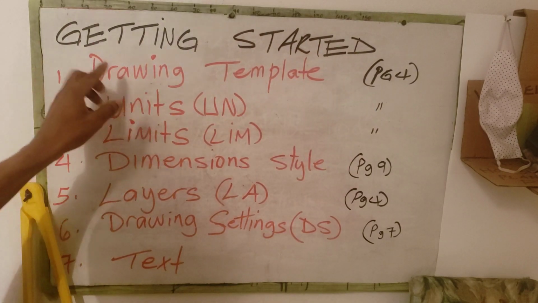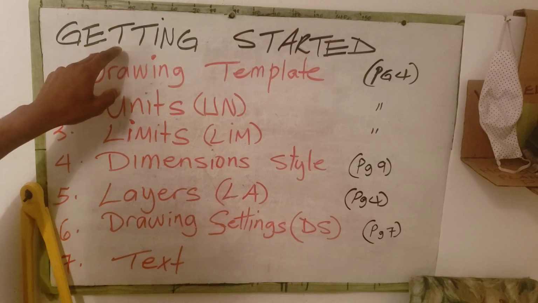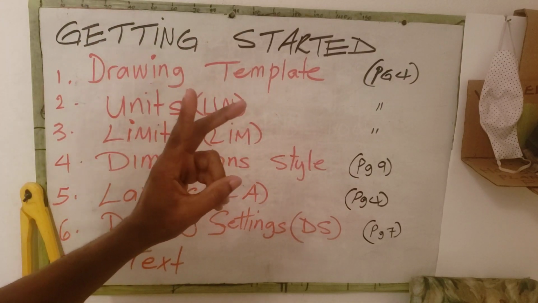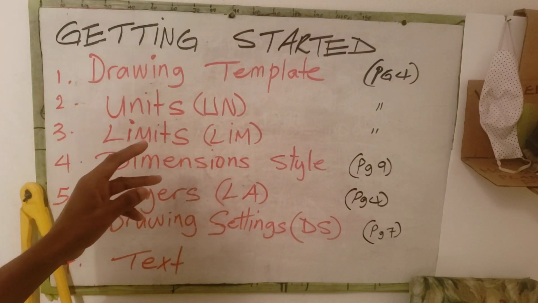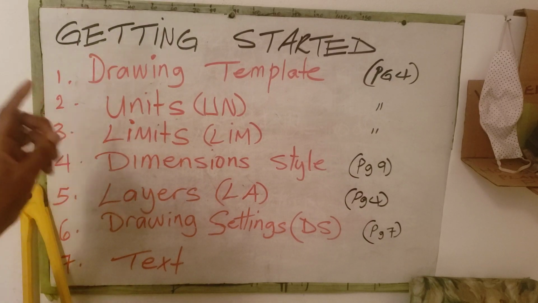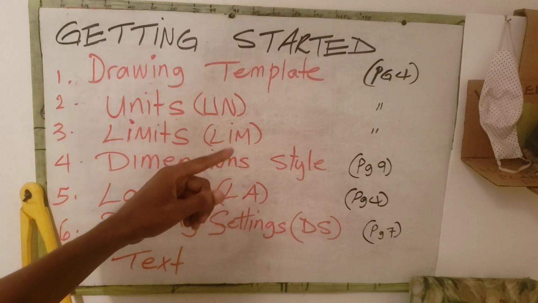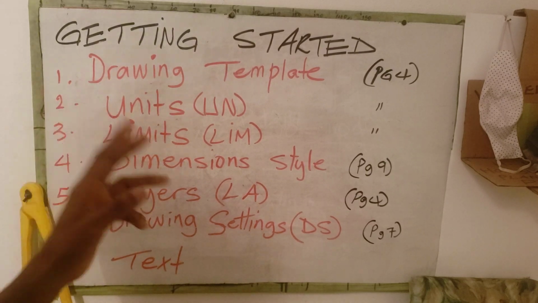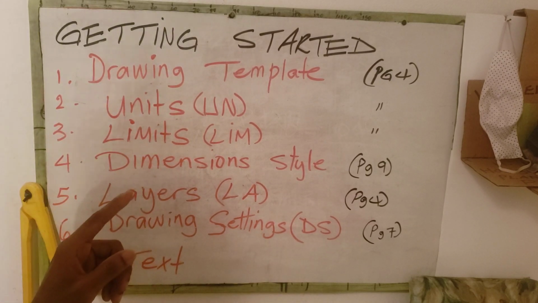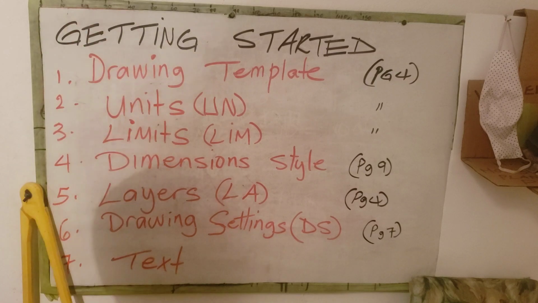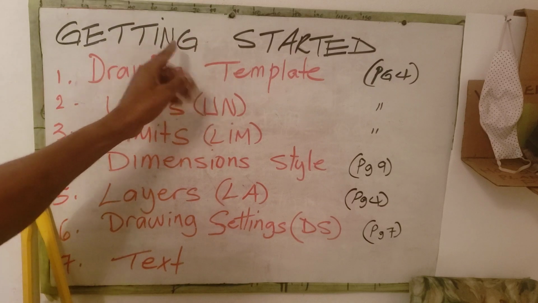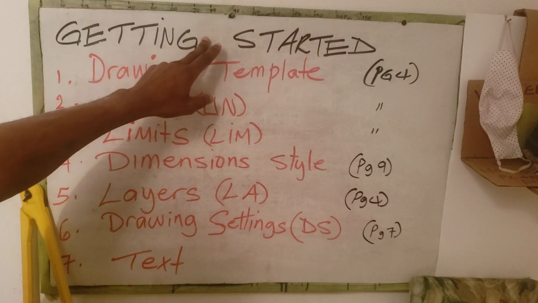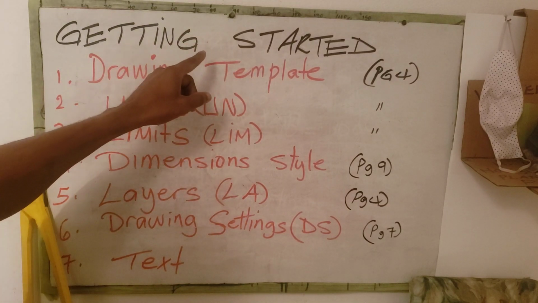Under line, the very first one, only 2 things you will change. Under line, you will change the offset from origin and also extend beyond dimension line. Only those 2 things.